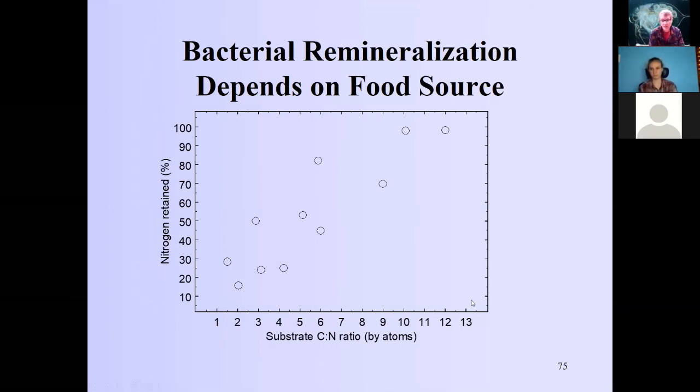When they're very rich in carbon, the bacteria that take up those amino acids retain almost all of the nitrogen, right? Because they're limited by nitrogen. When they're super rich in nitrogen, then the bacteria are going to be limited by carbon, and they're going to dump out 70% of what they take in.